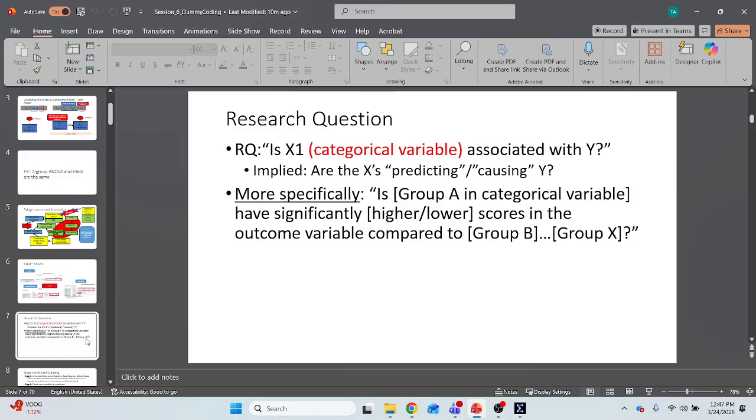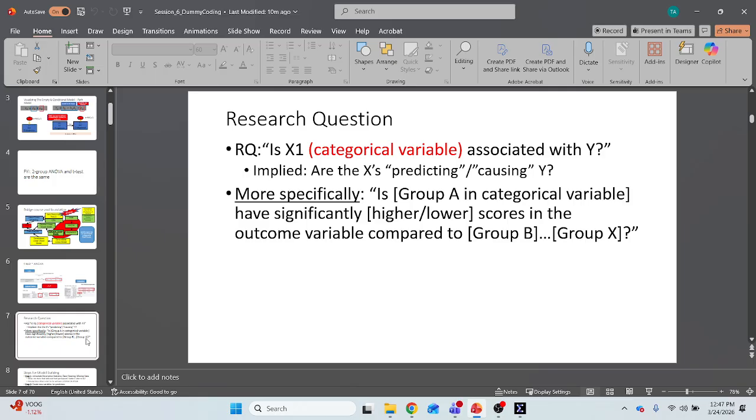Let's go back to the research question on this one, right? Before, our research question was, is impulsivity associated with audit? Remember that? Is alexithymia associated with, right? We're still going to do the exact same thing. Is gender associated with what?